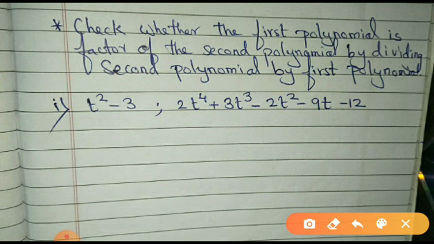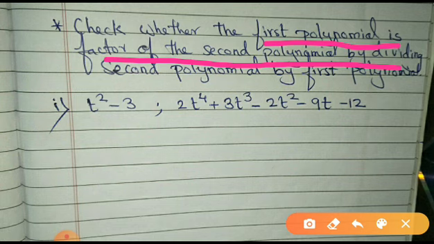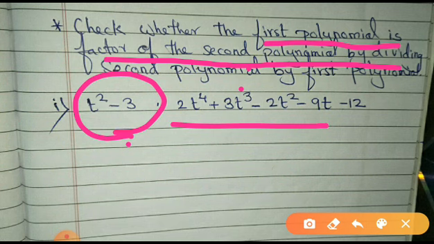Next, check whether the first polynomial is a factor of the second polynomial by dividing the second polynomial by the first polynomial. So what should we do? That means I have to check whether this polynomial is a factor of this one, so I have to divide the second polynomial by the first.